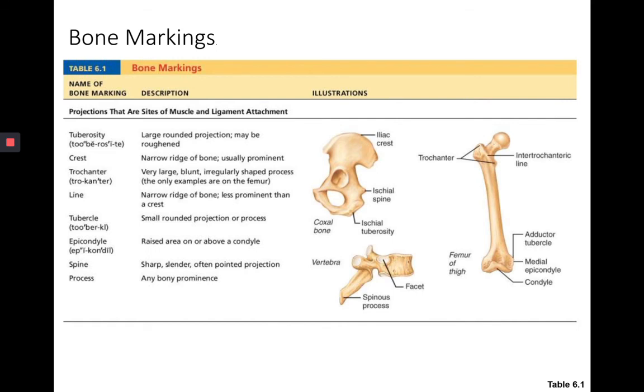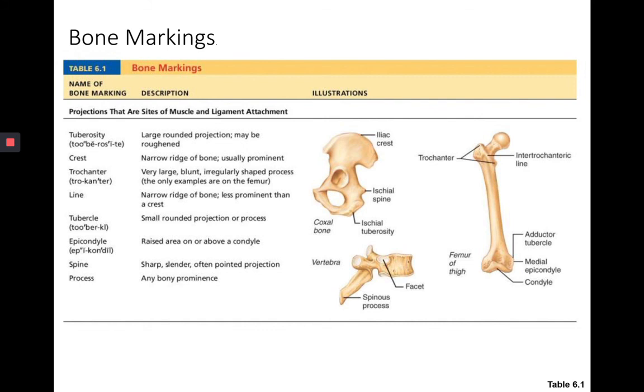So you have tuberosities, crests, trochanters, lines, tubercles, epicondyles, spines, and processes. I just wanted to go through those terms in order to tell you how you say them. For example, you have a tibial tuberosity on the tibia. There's the iliac crest on your hip bone.